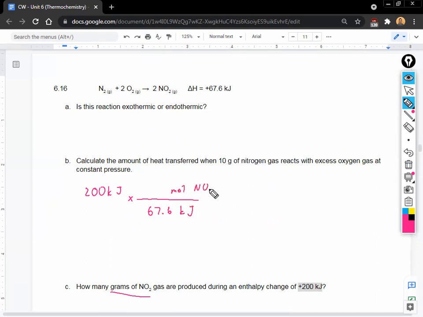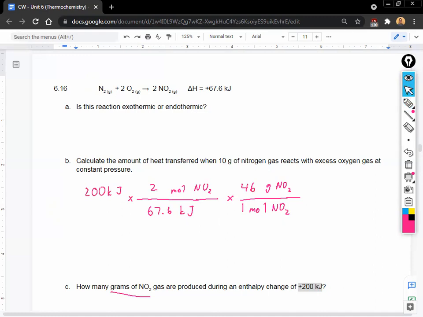Yeah, so we'll set up a fraction with kilojoules and moles of NO2. Then we want to turn that into grams, so we're going to do 1 mole of NO2 and find the molar mass of that. I think that's 44, 46. Thank you. CO2 is 44. It's going to be 46 grams of NO2.